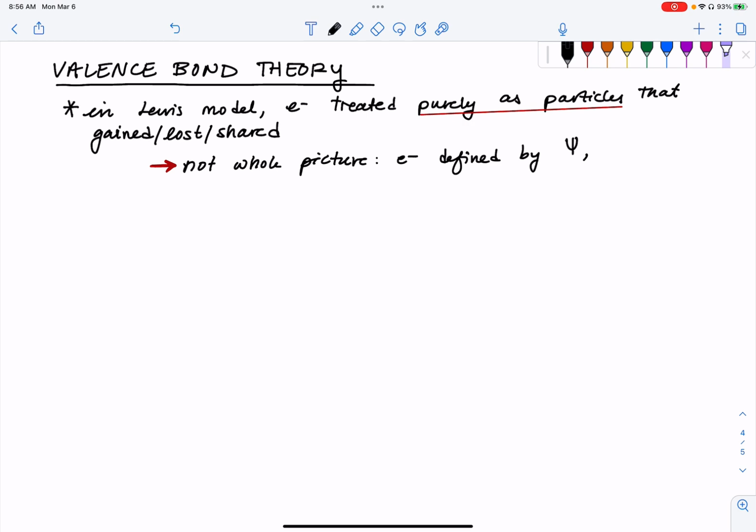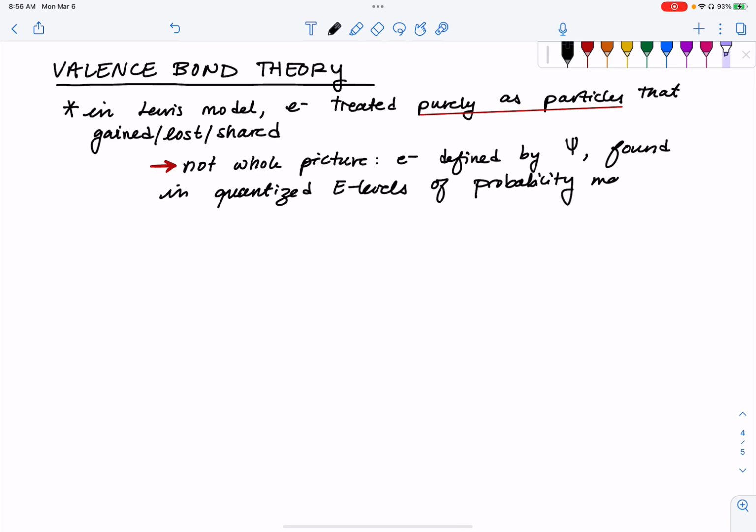We get this idea that electrons are being found in quantized energy levels of our probability maps. In other words, electrons live in orbitals.